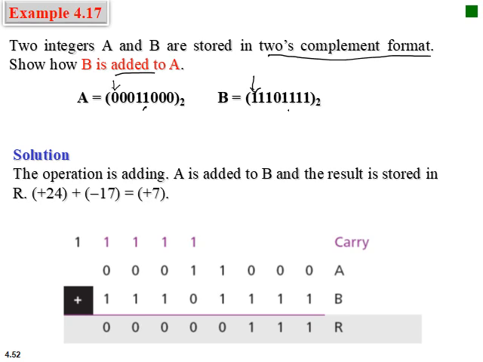So in other words, if we write this down as in the previous way, if we convert this number of A to its decimal equivalent, we will see it's 24, because it's a positive number. This one here is negative. Let's just quickly do it ourselves to see if that value really gives minus 17.